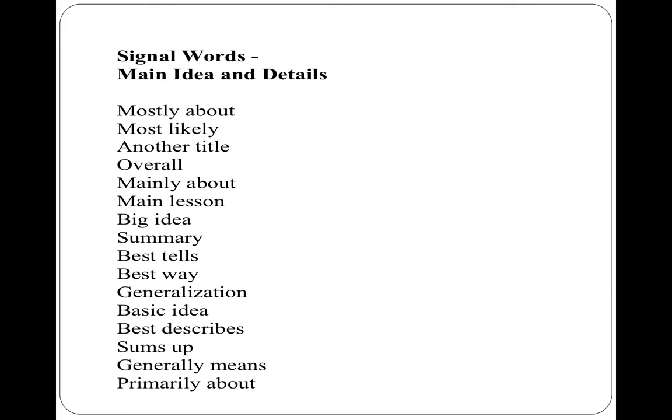These are phrases that are often used in the test, in the questions, and these will signal you to, okay, this is a main idea question. So for instance, I may read a selection and then the question might say something like, which of the best statements sums up what the author is trying to say? I know right there that that is a main idea and details question.